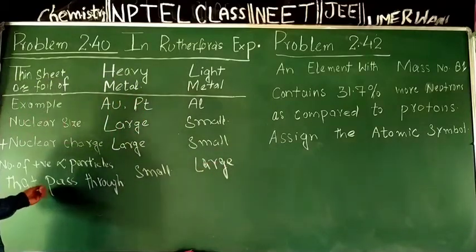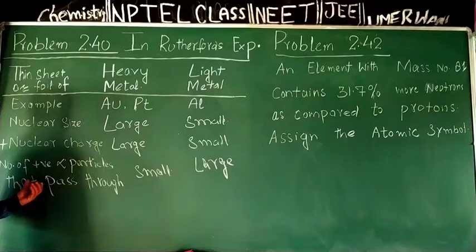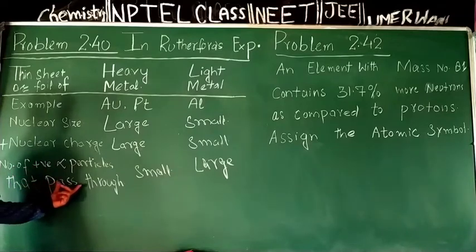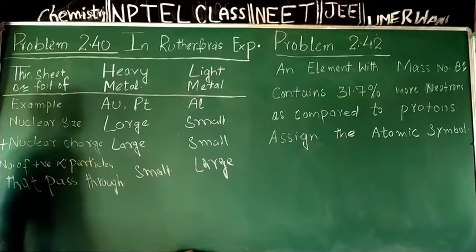So from here we can take an idea that the number of positively charged particles that pass through an atom in Rutherford's experiment is inversely related to nuclear size.